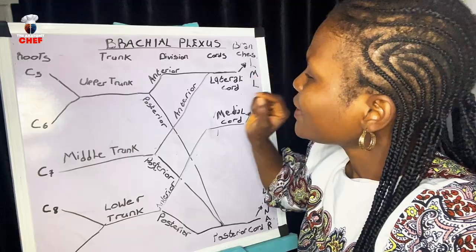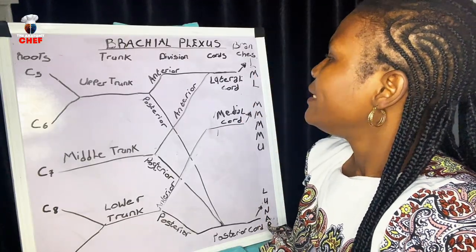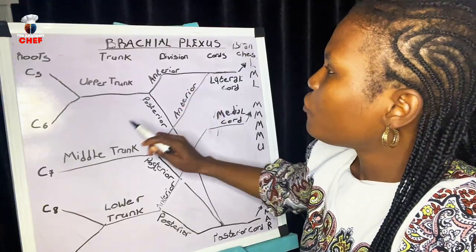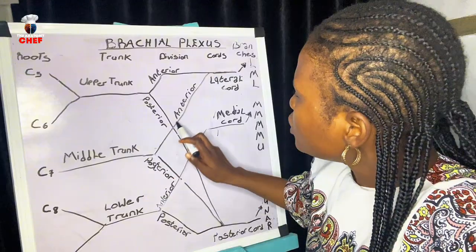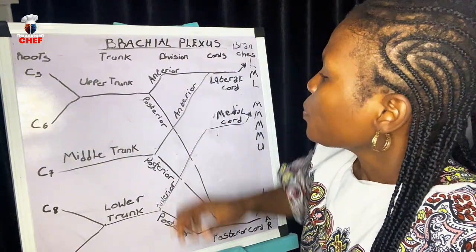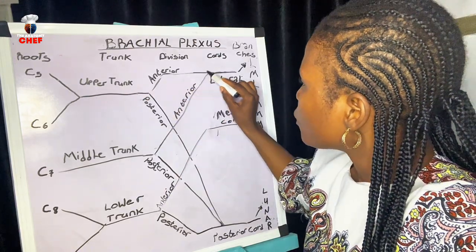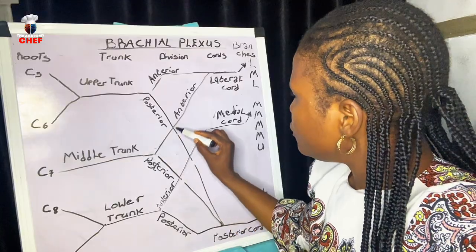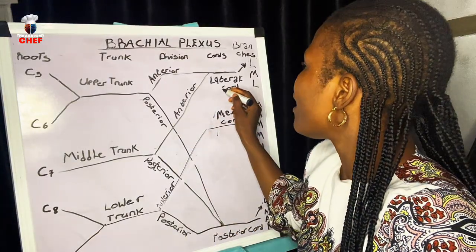Now something very striking you need to note is that the anterior division of the upper trunk fuses together with the anterior division, if you can see the well labeled diagram that we have here, the anterior division of the upper trunk fuses with the anterior division of the middle trunk to give rise to what we call the lateral cord.